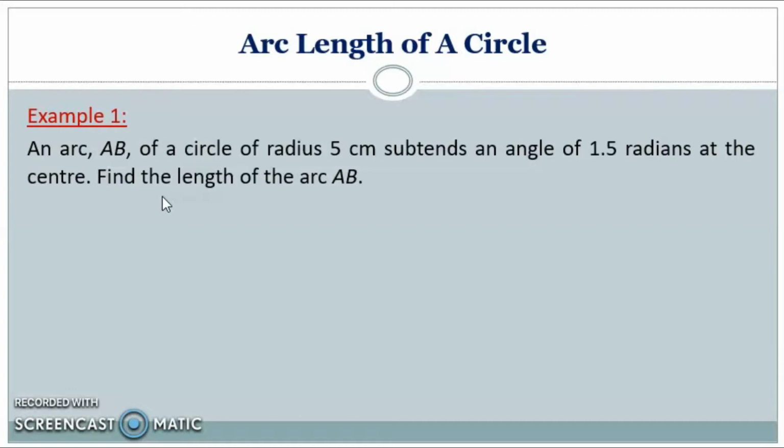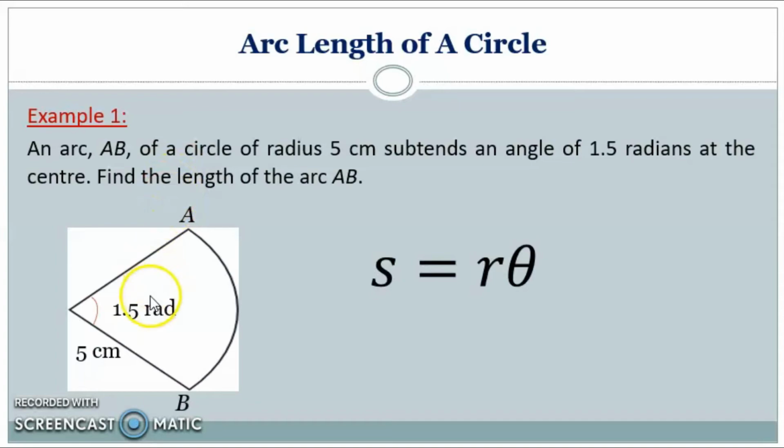Okay, let us try example 1. An arc AB of a circle of radius 5 cm subtends an angle of 1.5 radians at the center. Find the length of arc AB. First, let's draw out the diagram to visualize this question. As seen on the diagram, the angle is 1.5 radian and the radius is 5 cm.